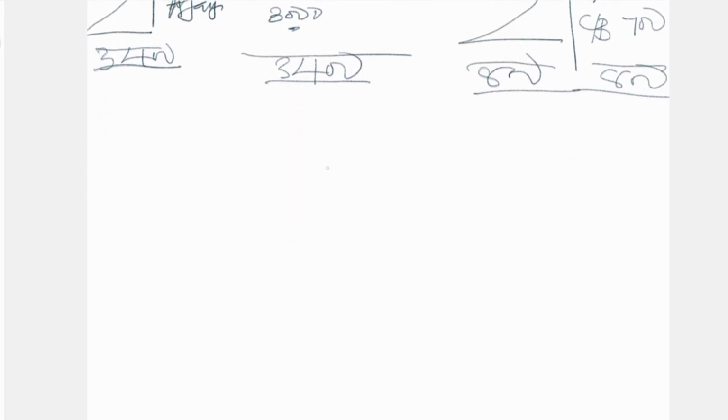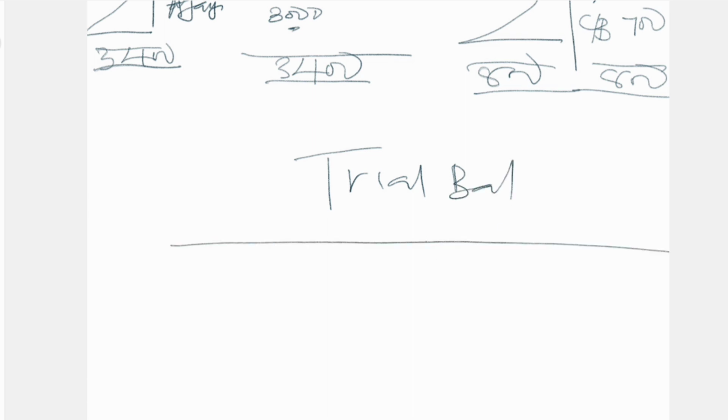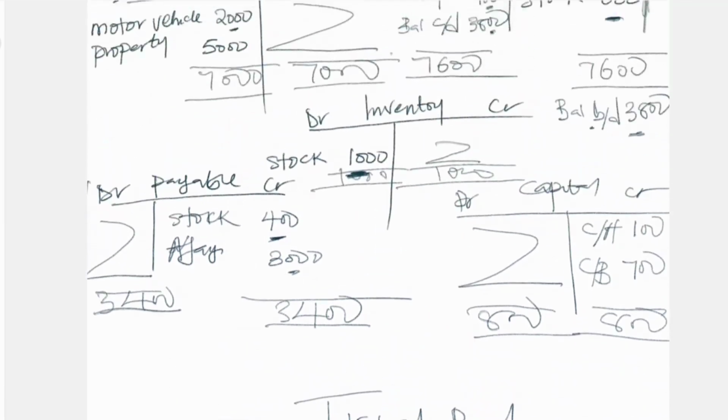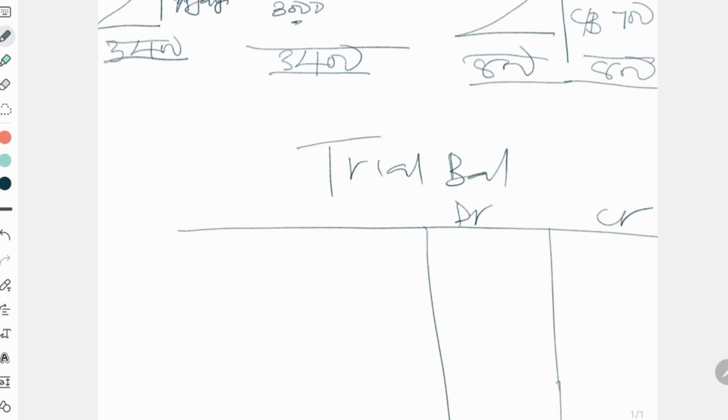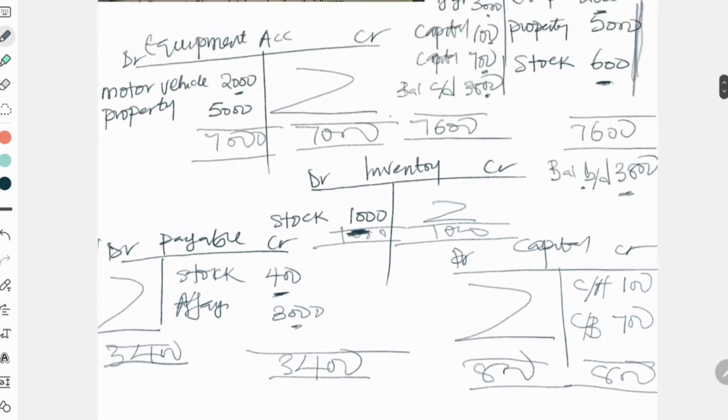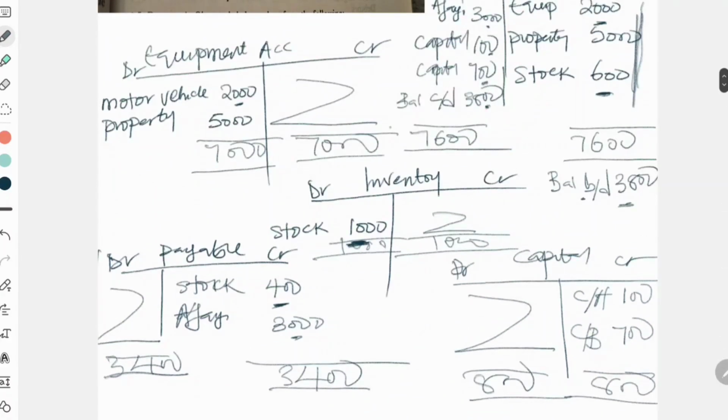Okay, trial balance account. Right, so here's going to be debit side, credit side. So the first thing first is equipment account. So you might be asking, what is trial balance? Trial balance is a list of all account balances.